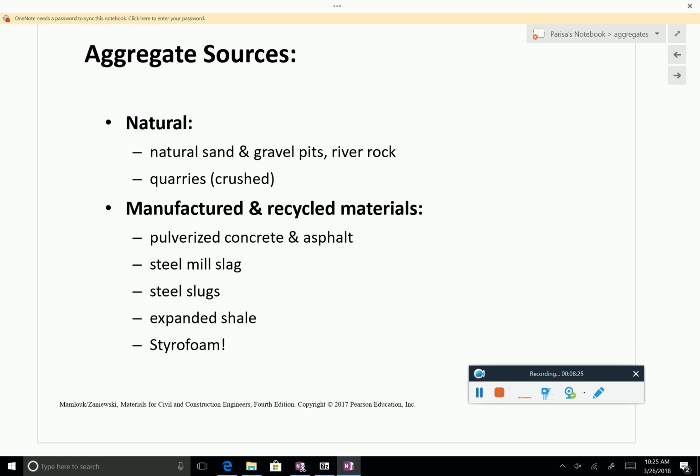So these are recycled and manufactured materials. And in some applications, you want to have, for example, very lightweight concrete. You can even use styrofoam if it is not load-bearing. So this is the natural versus manufactured materials.